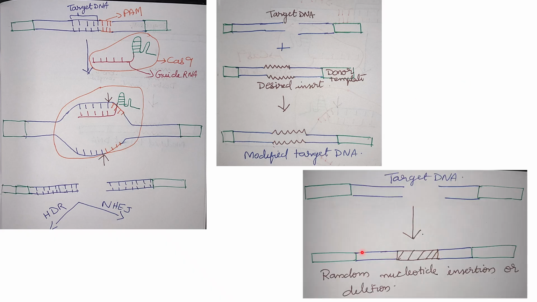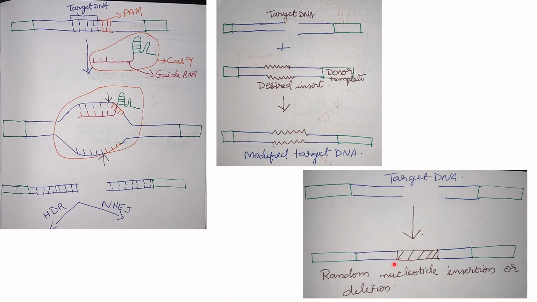Then the next is the non-homologous end joining. So here it is a random process. There are certain enzymes which bring about a direct joining of these double-stranded breaks. So when you use non-homologous end joining, they can bring about insertion or deletion mutations in the DNA.